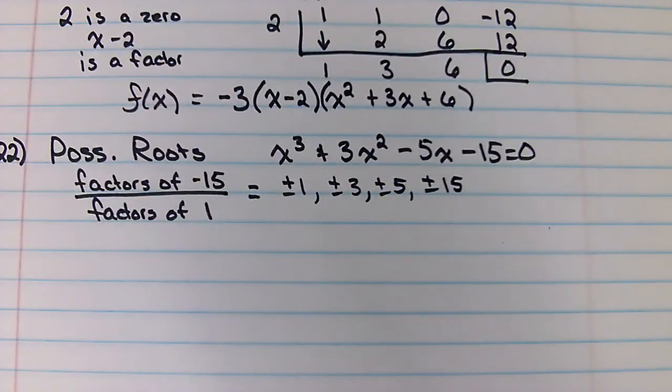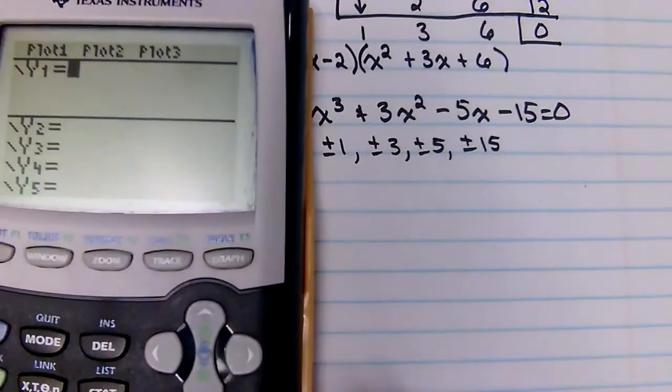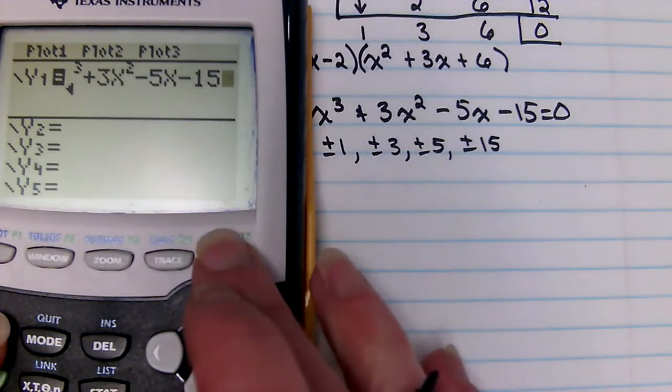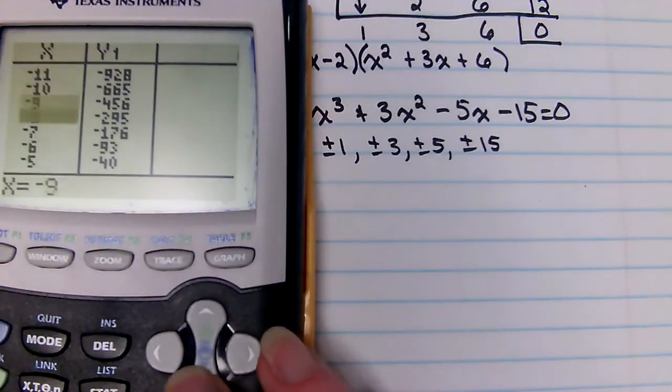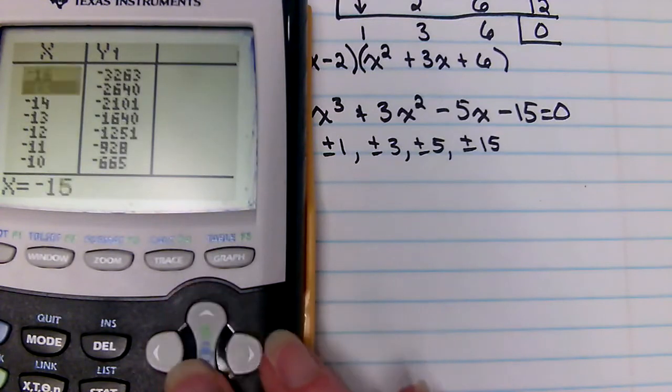Now, we want to see if any of those actually work. So personally, I would go to my calculator. And I'm going to look and see if any of those work. I guess I should have checked negative 15. Nope.